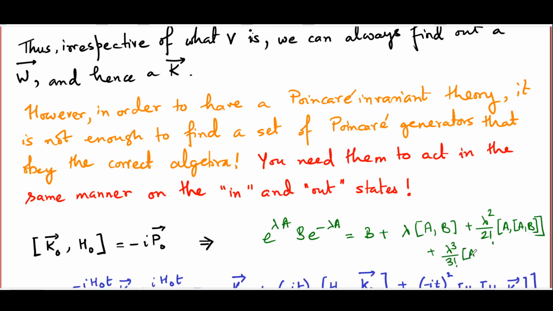Of course, the third term will be lambda cubed by 3 factorial times a triple commutator, which we can write in shorthand as [A, B]_3, and it keeps on going like this.